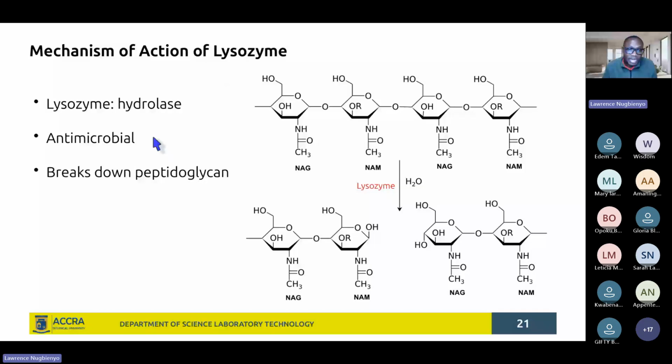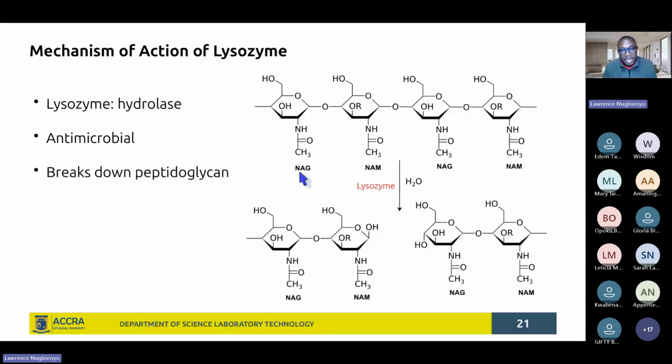And the mechanism by which it acts is to break down a polysaccharide, which is referred to as peptidoglycan. And peptidoglycan is a polysaccharide of monosaccharide derivatives and acetylglucosamine.